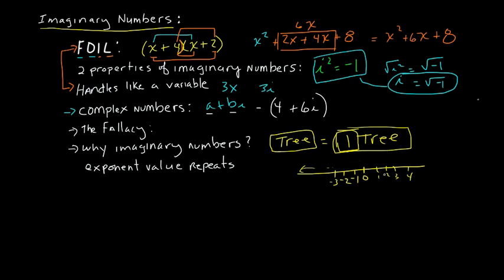Well, what about the square root of 2? The square root of 2 doesn't fit on this number line. We can't really express it using these real numbers, because this is an irrational number. It's somewhere in between there, but you can never actually get to it using this set of numbers because it just keeps going. 1.41, it just keeps going and going and going.